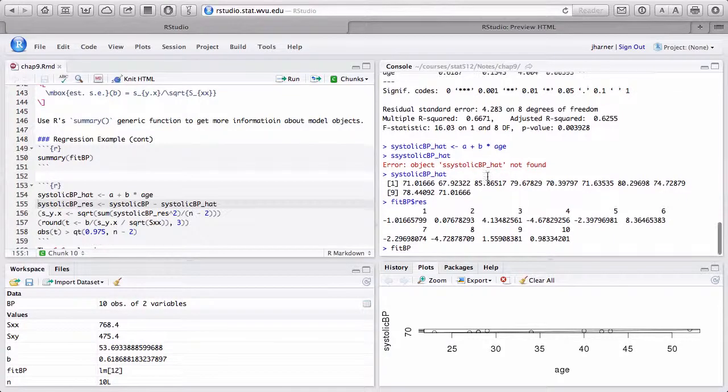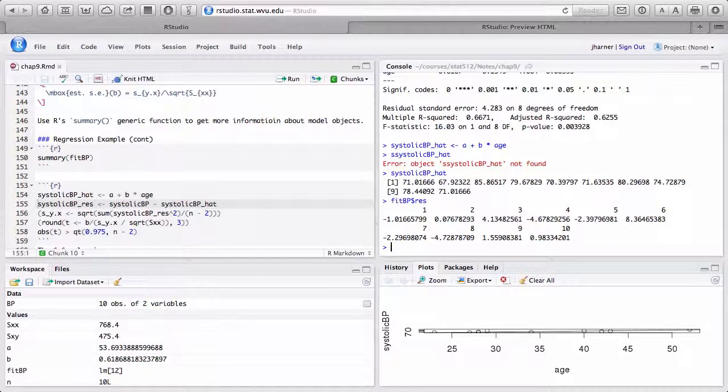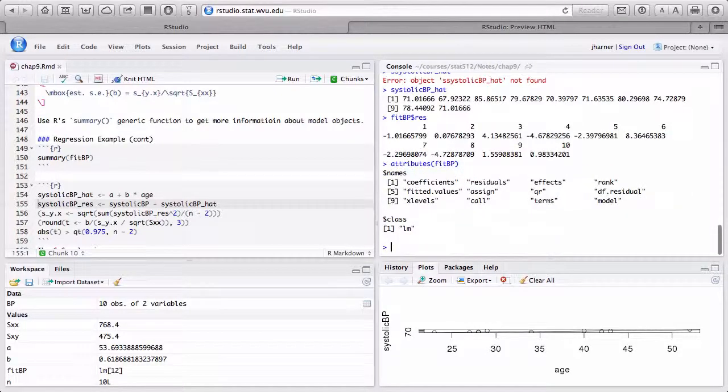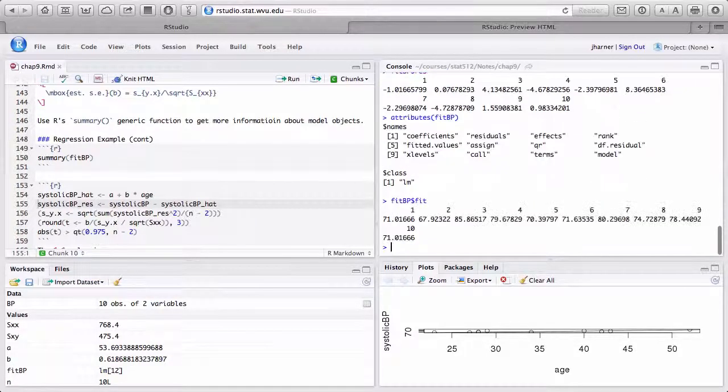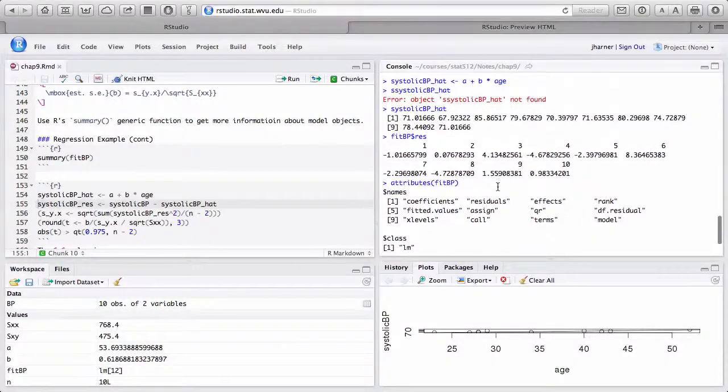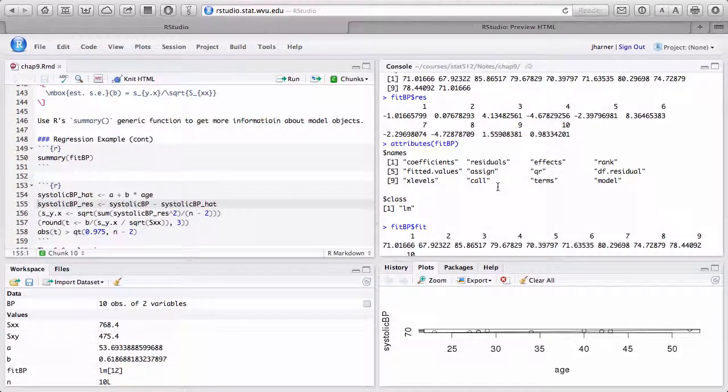I think it's predicted. Thought I did that. Oh, fitted, yeah. So if I simply get the fitted values, okay. Now the fitted values, I don't know if you can see them both, but the fitted values here, extracted this way, are the same as what I computed up here.